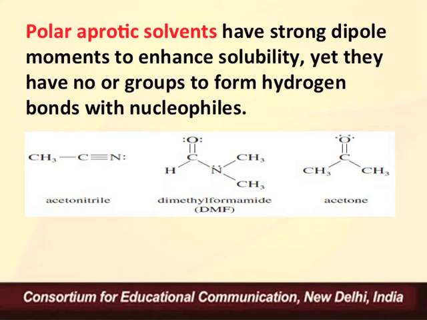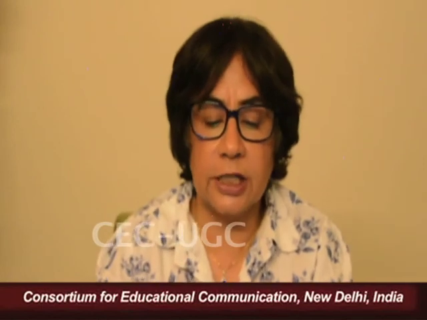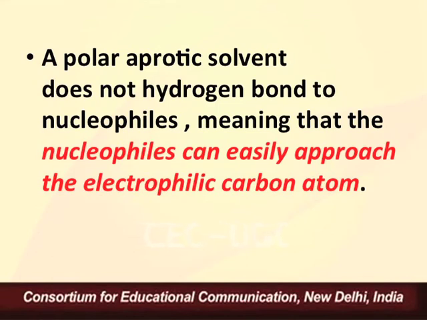Whereas in dimethylformamide, the formyl group is polar because of the difference in electronegativity of carbon and oxygen attached to it. And as I have already said, acetone is polar in nature because of the presence of the polar carbonyl group. Here the difference in polarity is because of the difference in electronegativity of the carbon and the more electronegative oxygen attached to it.